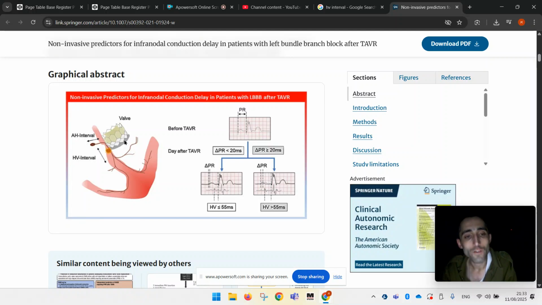And after this replacement, there is damage to the area near the septum, where the His and bundle branches are. So we see that iatrogenic causes can cause it.